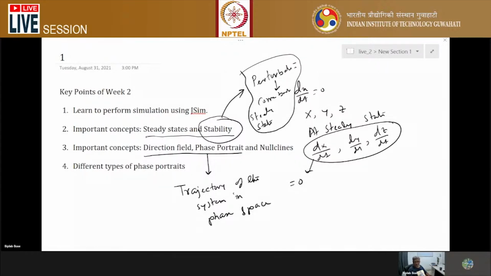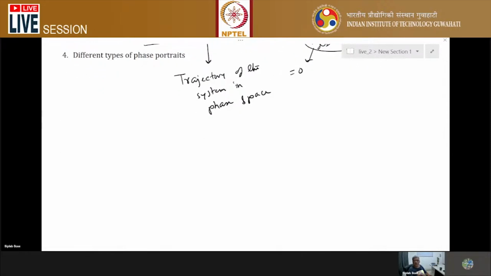What is phase space? Phase space is a space defined by the variables which define the system. For example, you must have studied the gas law. If I give a balloon filled with gas, it can be characterized by P and V, pressure and volume.